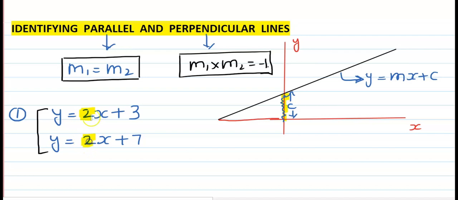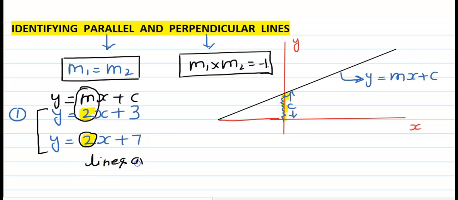With x what is there? 2. So in both equations the gradient is the same. If you compare this equation with y equal to mx plus c, m is 2 here, and similarly m is 2 here too. If the gradients are the same, the lines are parallel. So you can say these two lines are parallel. I'm putting the parallel sign here, or you can write parallel.